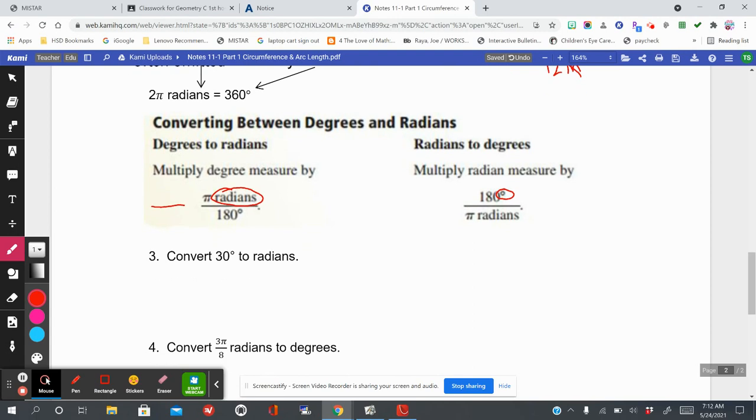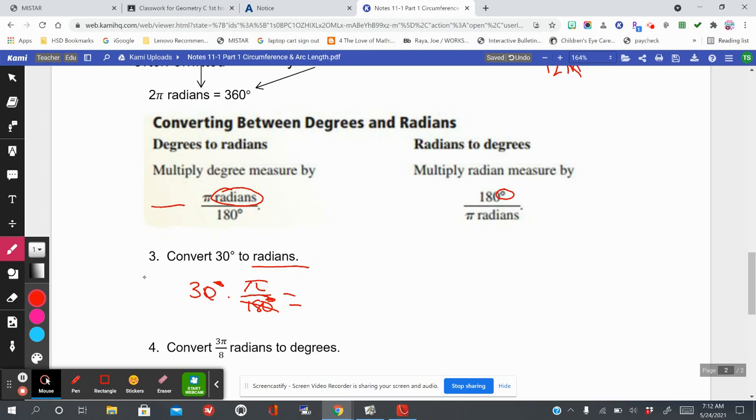So convert 30 degrees to radians. If you want radians, you need the radians on top. So that's pi over 180, and then multiply it by the degrees you were given. So the degrees cancel, and you are left with, it doesn't say, well, it's in radians. You could have a decimal, but we can just leave it in terms of pi.